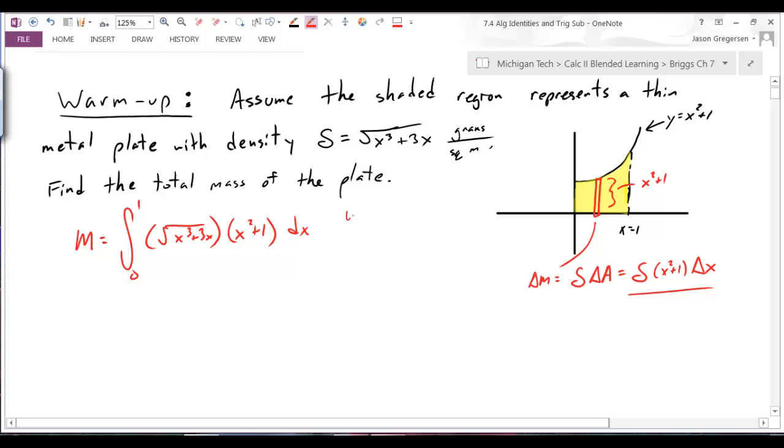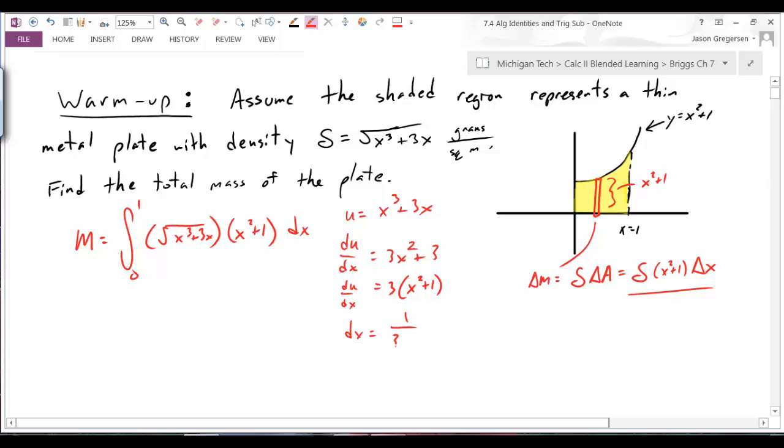Here I'm going to let u equal x cubed plus 3x. The derivative will then be 3x squared plus 3, which looks like 3 times x squared plus 1. There's my factor. I'm solving this for dx.